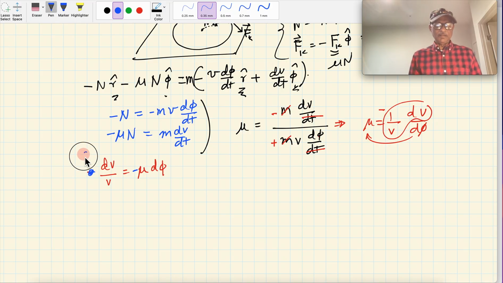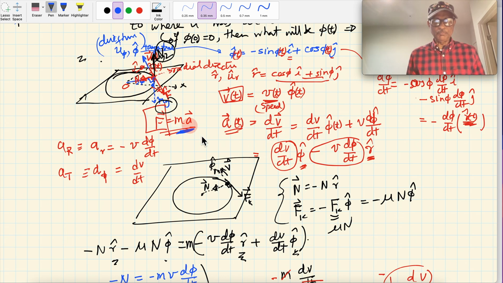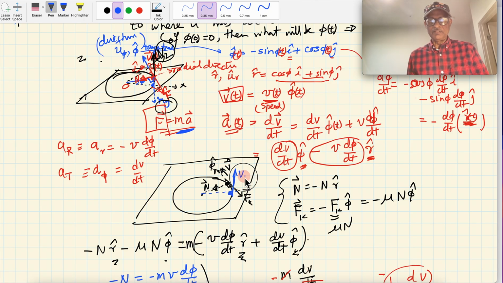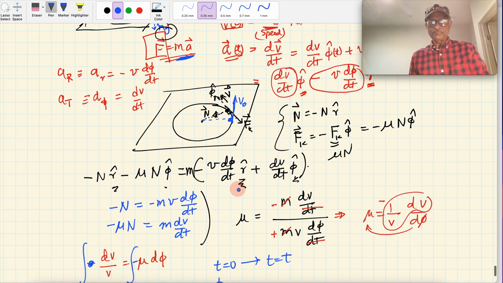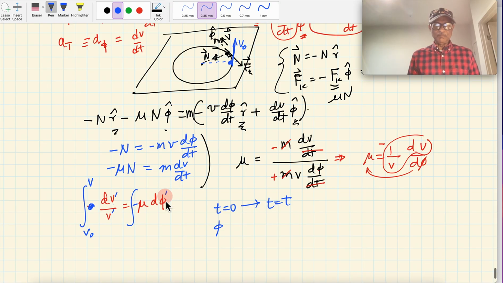So I'm going to integrate both sides, from t equals 0 to some t equals t. We have picked phi to be at this point. It was originally here, and at that point v was pointed that way. So v was v0, and I'm using v for the time t. And this is a dummy variable, so if you want to put a v prime here, it's a dummy, and this is a dummy.